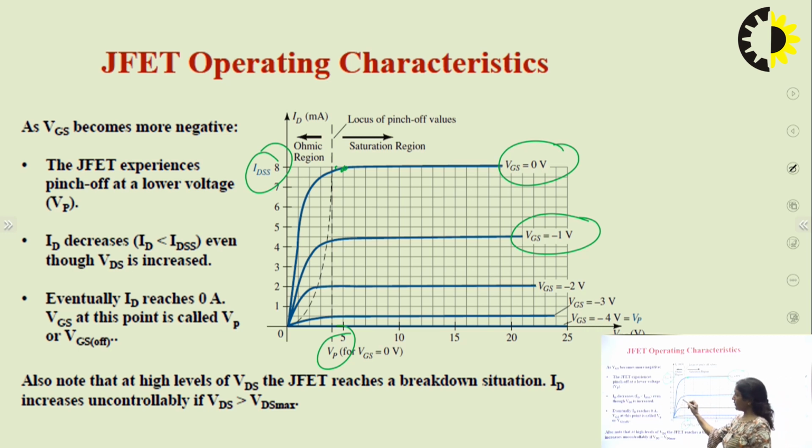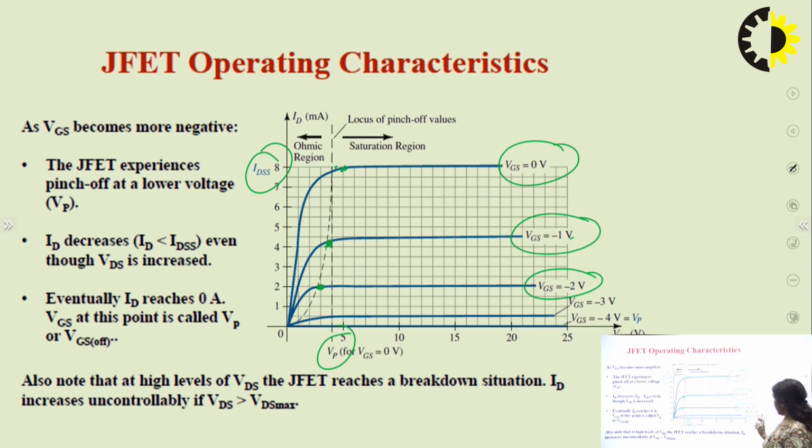If the current is reducing, then the resistance is high. So resistance is also changing with the voltage. Then we further increase VGS to -2 volts. Further, the number of charge carriers reduces and gets constant at a lower value. Again, the resistance is further changing.